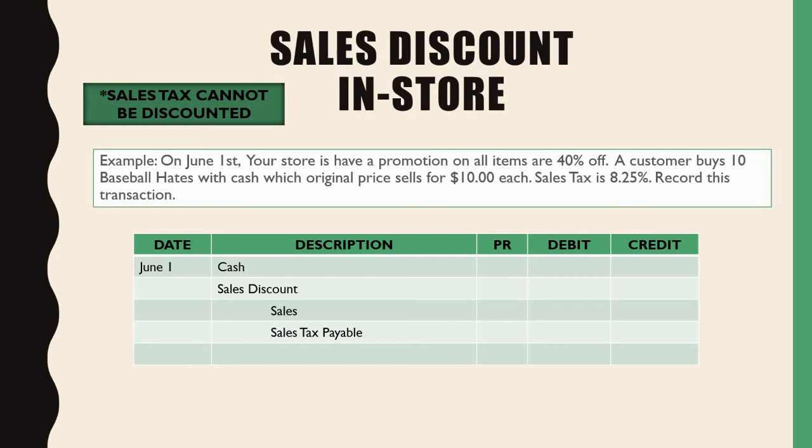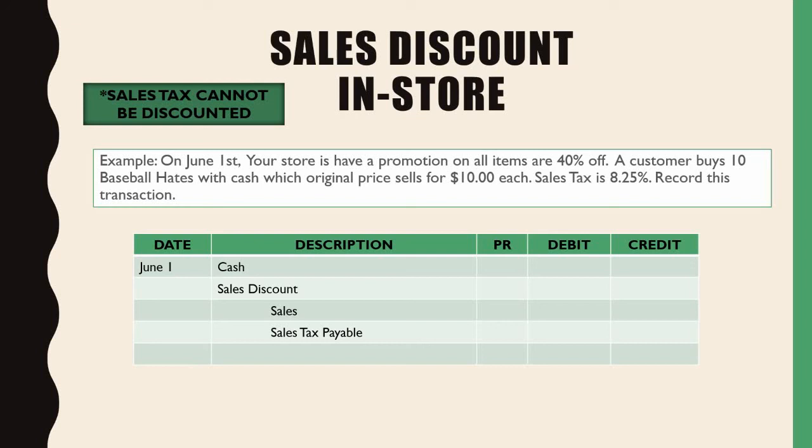One thing that we need to do, I put it in green here: you cannot take a discount off sales tax. That means you need to take the discount before your items are taxed. So we need to calculate our discount. How much is it? $40.